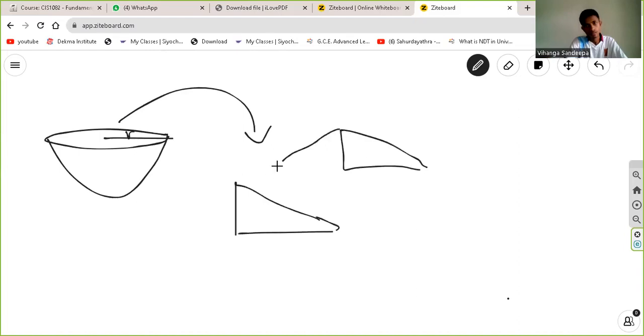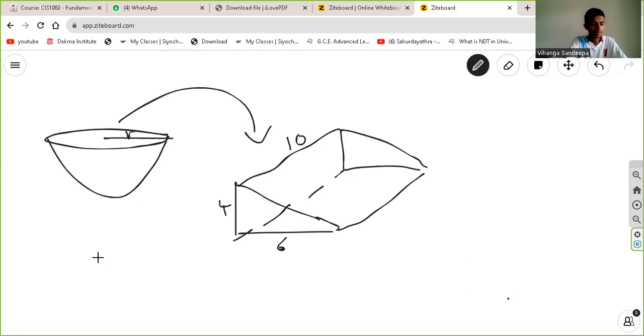This is the prism. Measurements in cross section are given, then 10 centimeter. So the radius.